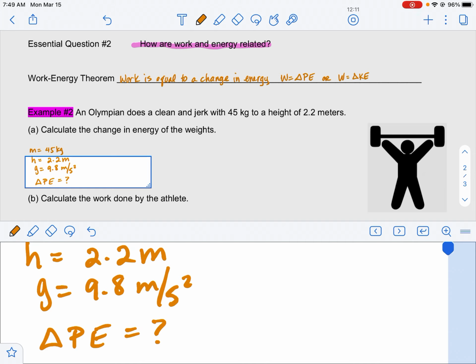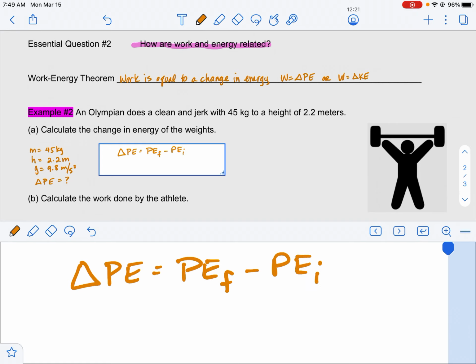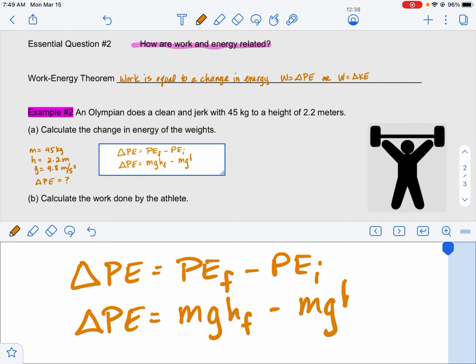Everybody good? Okay. So remember that change in potential energy means the final potential energy minus the starting potential energy, or initial potential energy. And so if I fill this stuff in, I'm going to have the change of potential energy is equal to mg final height minus mg initial height. Right?